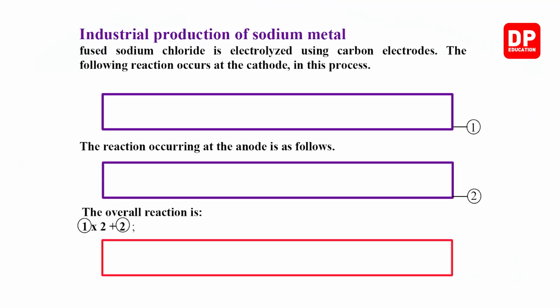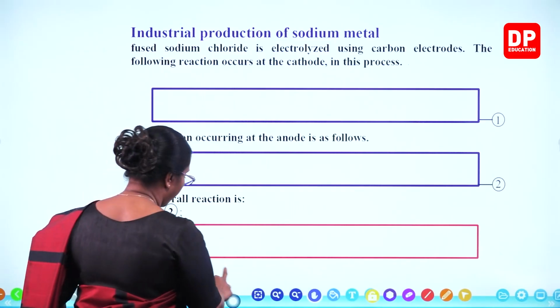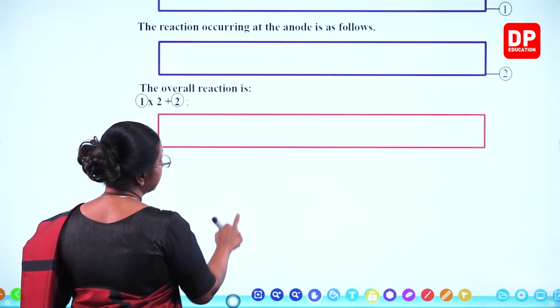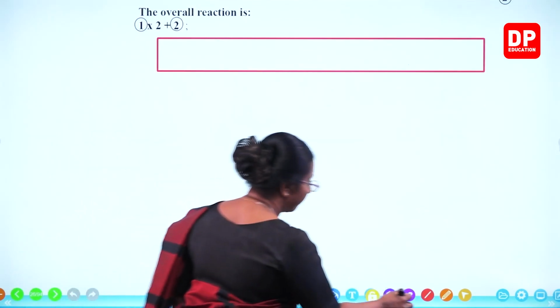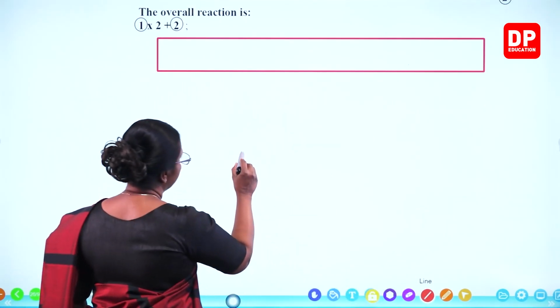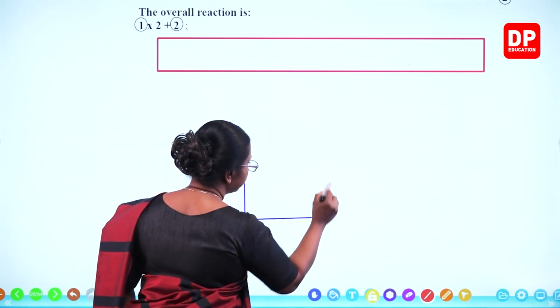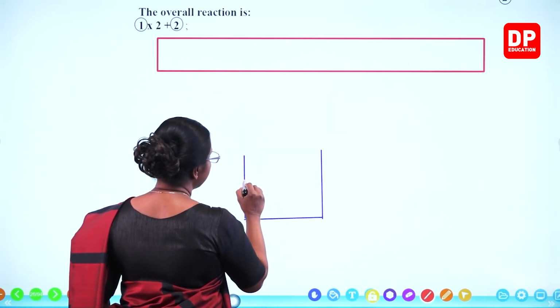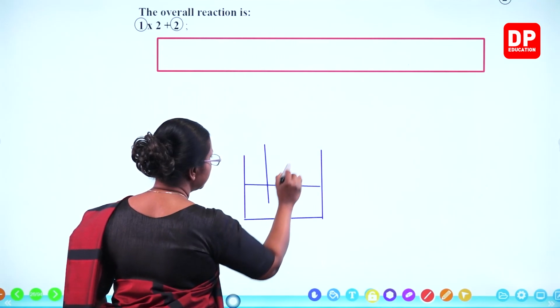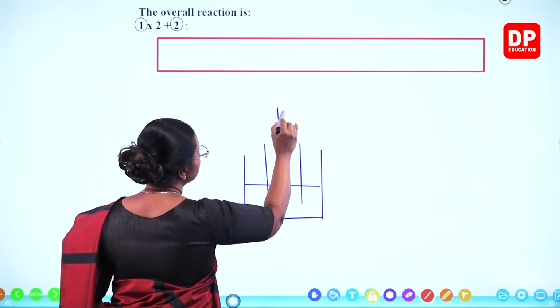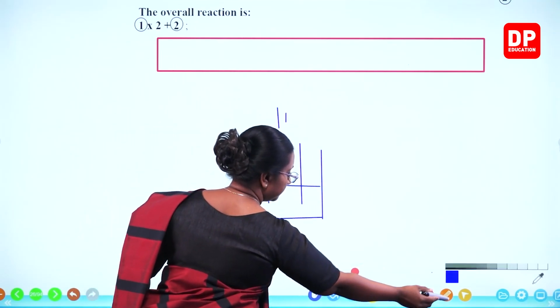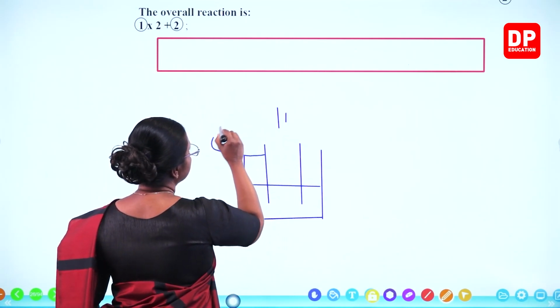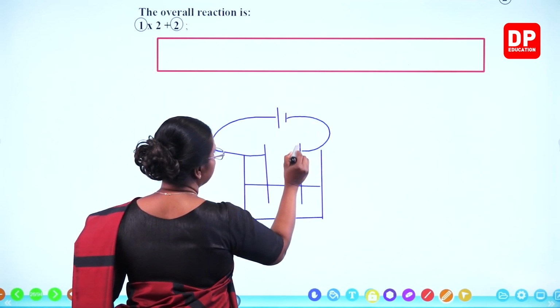Right. So first we will look at the industrial production of sodium metal. Now just to recall what we have discussed before, you can remember students. Now we have the electrolytic cell with the electrolyte solution, the electrodes. So here we have the electrodes.